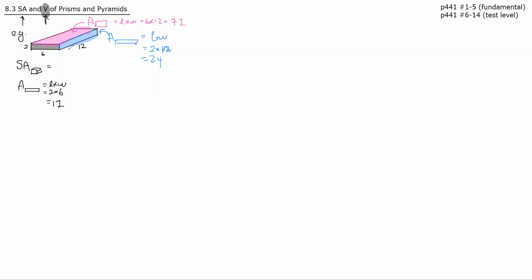The gray, the blue, and the pink sides need to double up because if there's a side on the top, there is a side on the bottom. And if there's a blue side on the front of this shape, there's going to be a side that you can't see. And the gray in the front, there's obviously going to be a side in the back. So if you were to take the 12, the 24, the 72, multiply each of them by 2, and then add it up, doesn't that sound familiar?